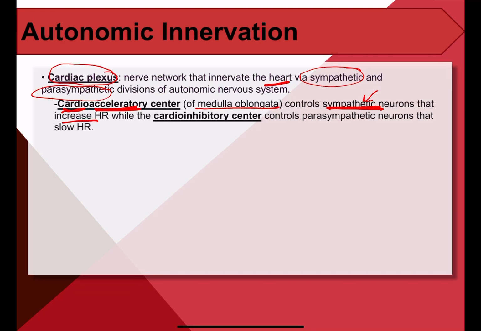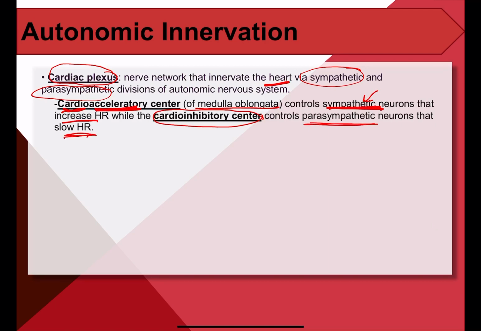So if you need things to speed up, become faster, especially in terms of blood pressure, just imagine you trying to run away from an angry dog. That's your sympathetic system kicking in, and that's what's going to cause your cardioacceleratory center to accelerate your heart rate. And then the cardioinhibitory center within the medulla oblongata controls parasympathetic neurons that will slow down heart rate.